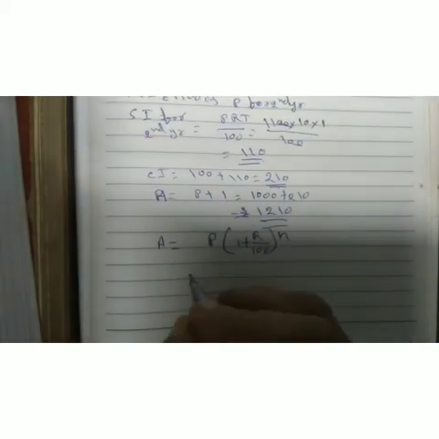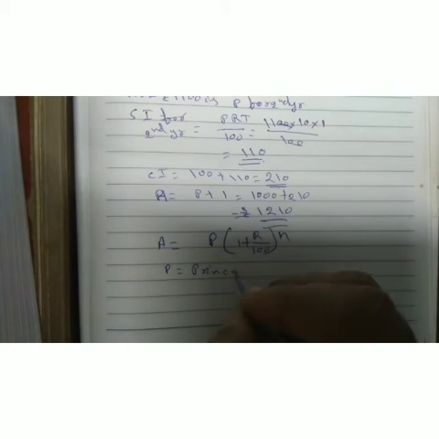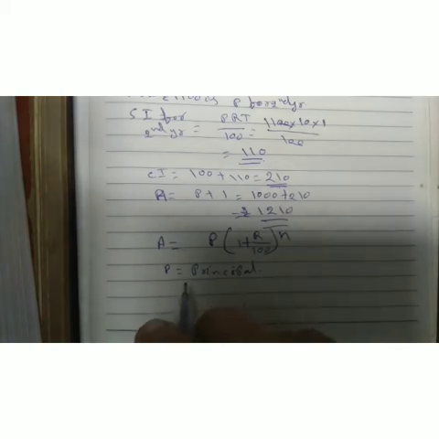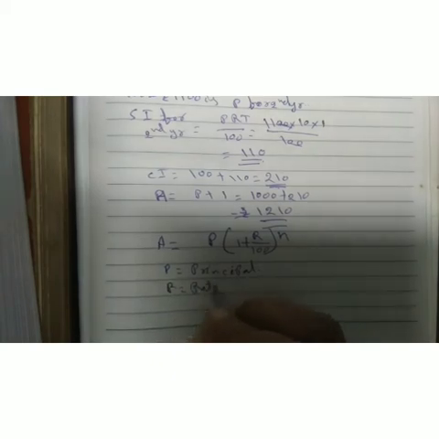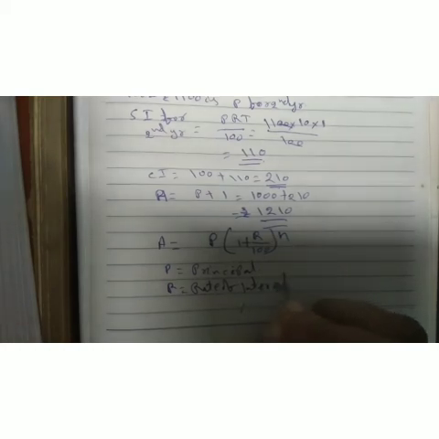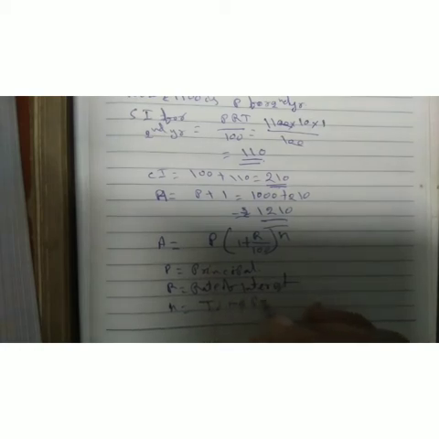Here P is equal to the principal, R is equal to the rate of interest, and n is equal to the time period.